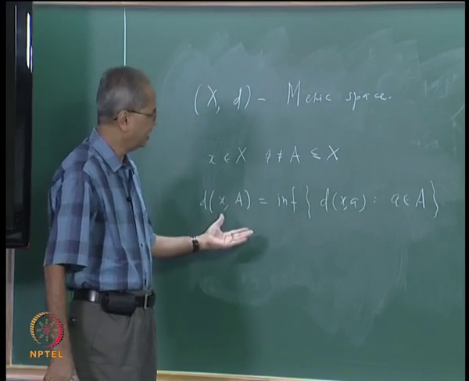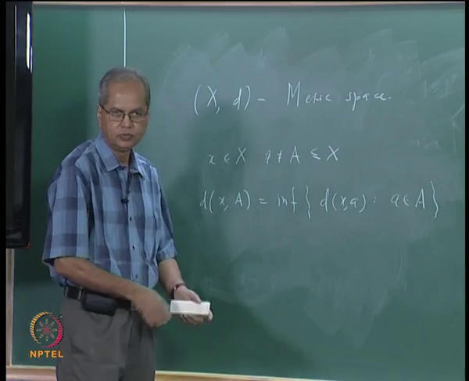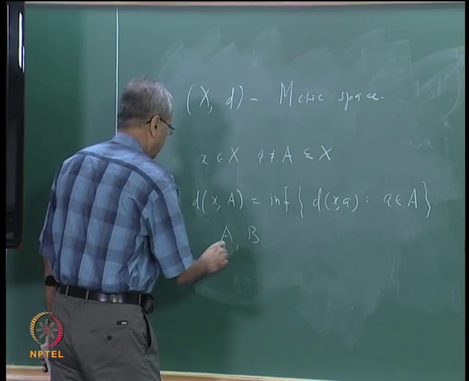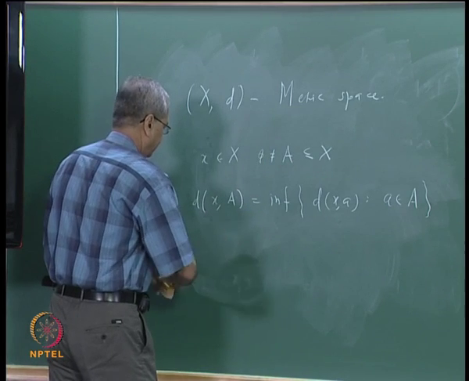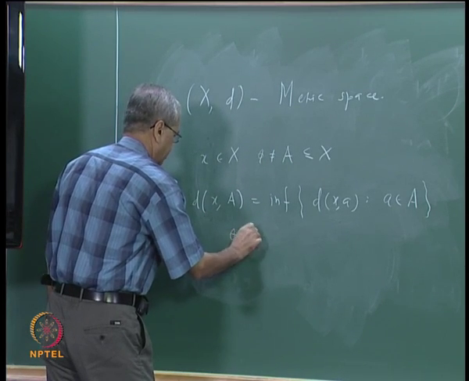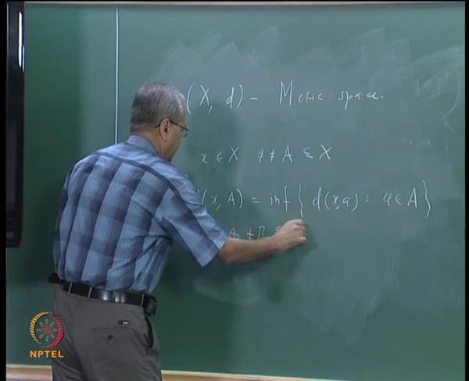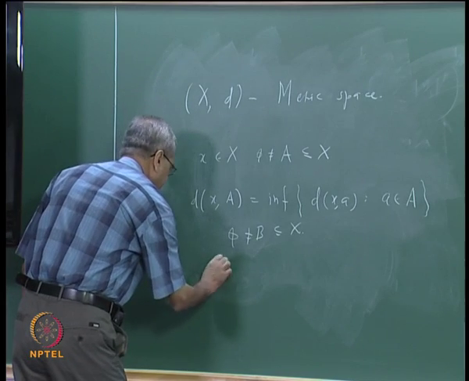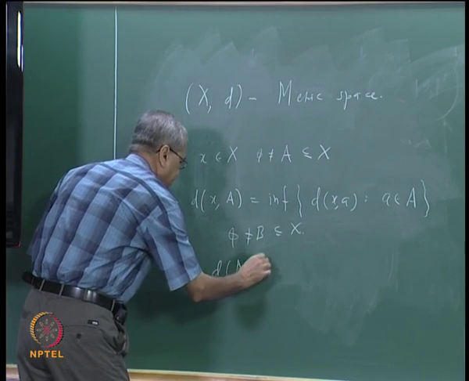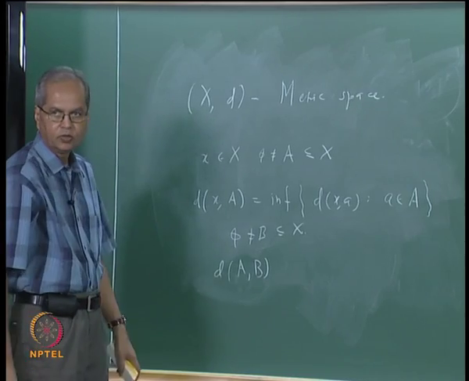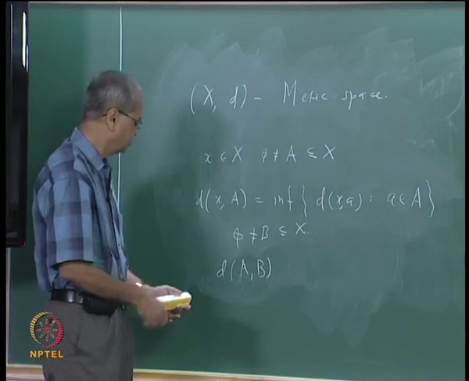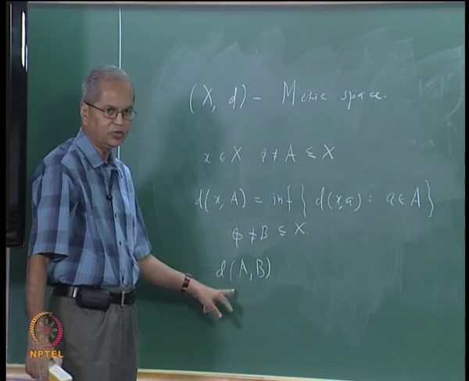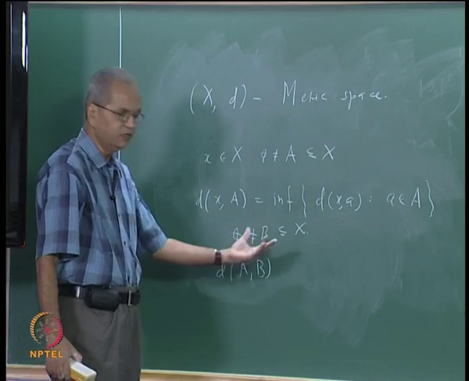Now let us go to the next thing. I can also take two sets. Suppose I take two sets A and B, let us say both are non-empty. A I have already taken, let me take one more non-empty set B contained in X. And suppose now I want to talk about the distance between A and B. Again the most natural way of defining that is you take all possible pairs of points, one in A and one in B, and take the infimum of all those numbers.